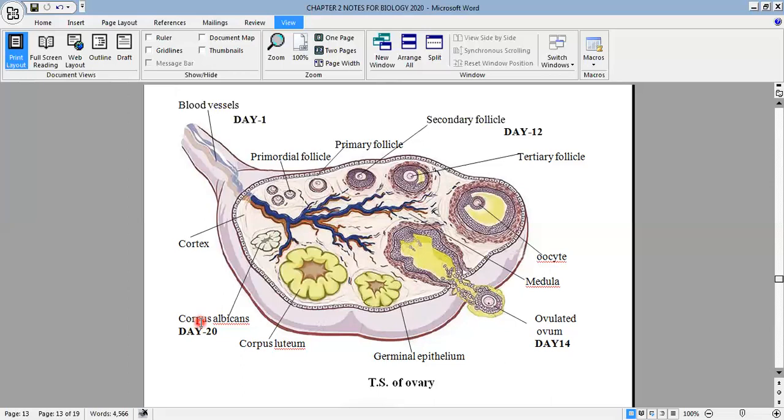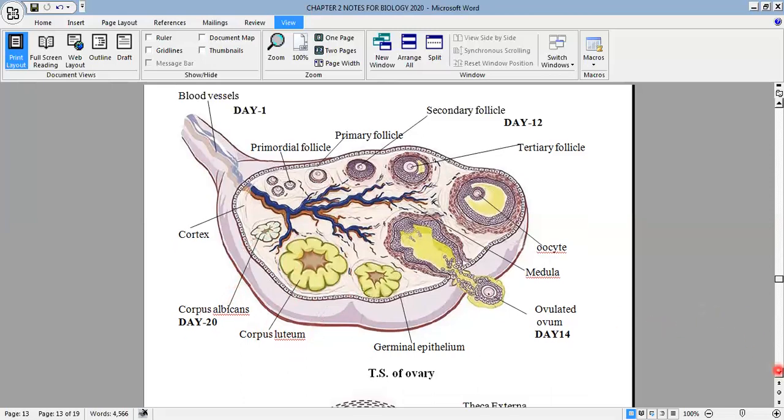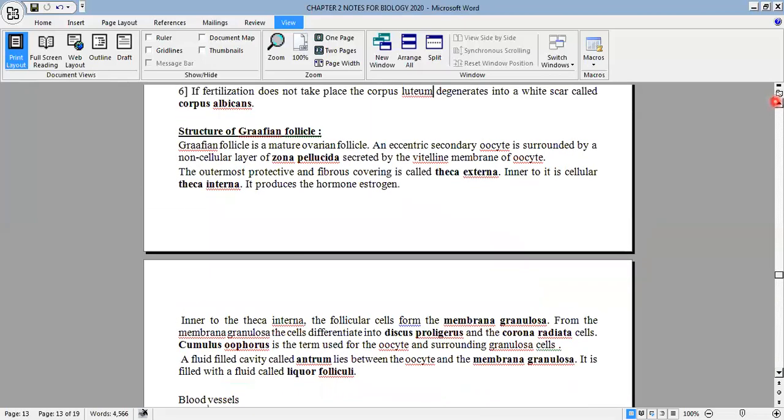Okay, so here there are two conditions. If the egg is fertilized, corpus luteum will carry on with its work of production of progesterone. But if the egg is not fertilized, then it gets converted into corpus albicans.